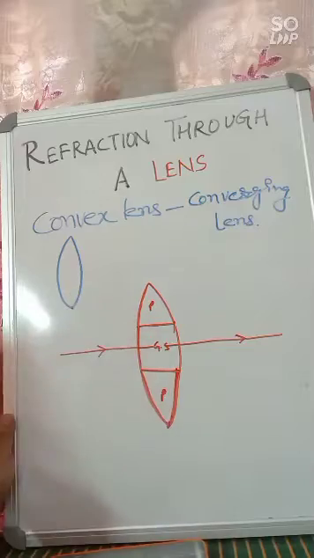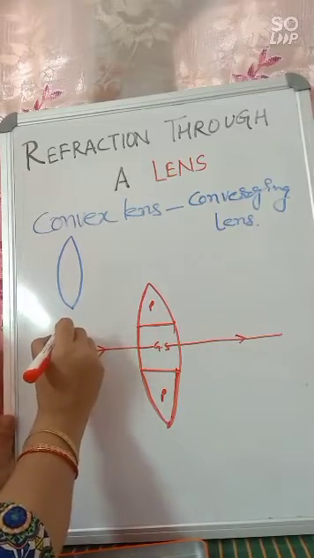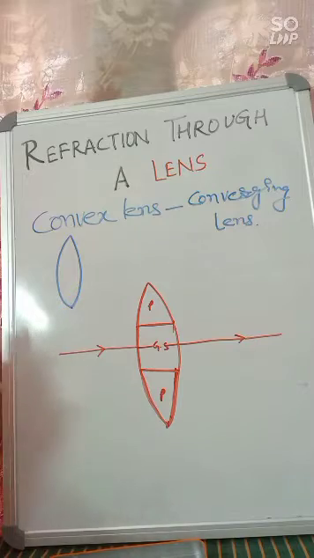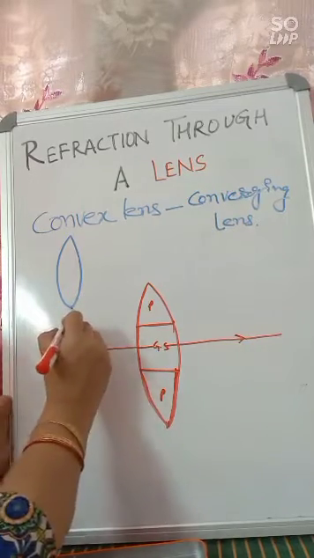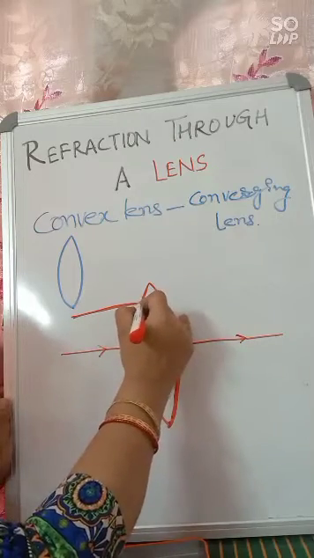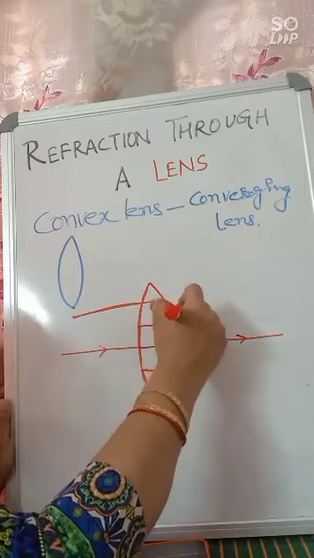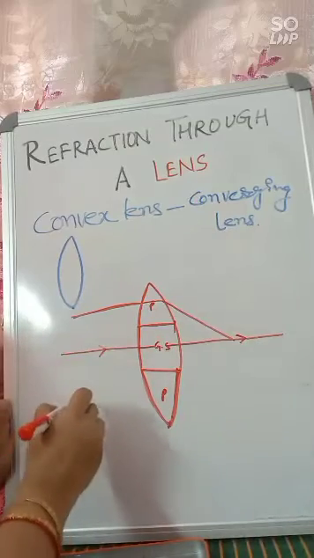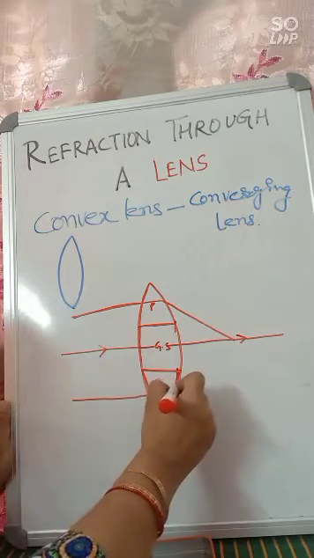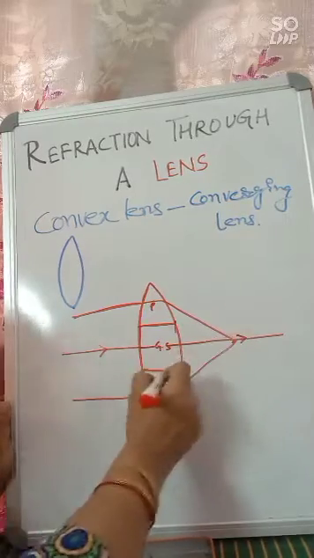Now let's talk about this. When a ray is incident on a prism, we know that after refraction, it will bend towards the base of the prism. Same way, if a ray is passing through the prism, after refraction, it will bend towards the base of the prism.